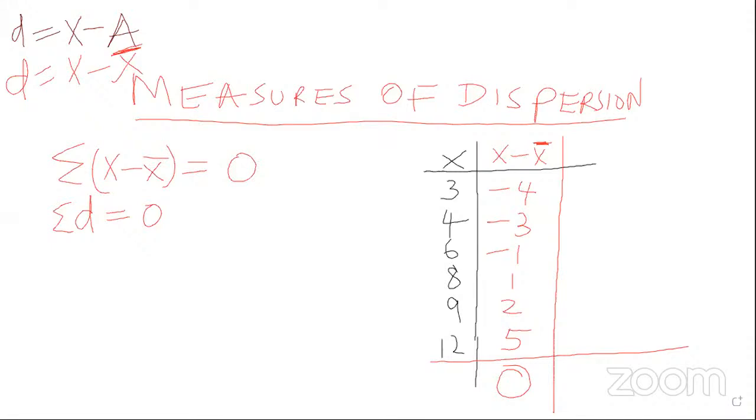These negative signs here, this negative, this negative, this negative. The question is, mathematically, how can we change a negative number to positive? What operator changes a negative number to a positive number?